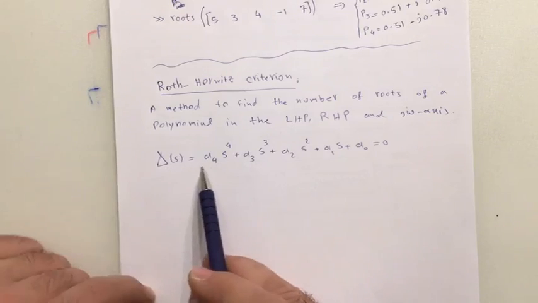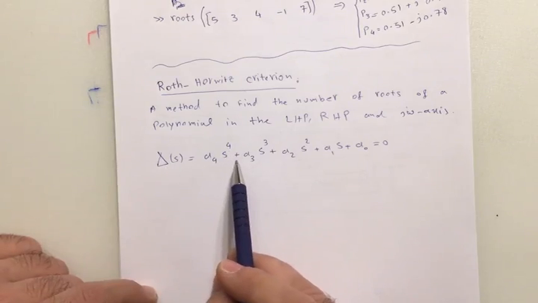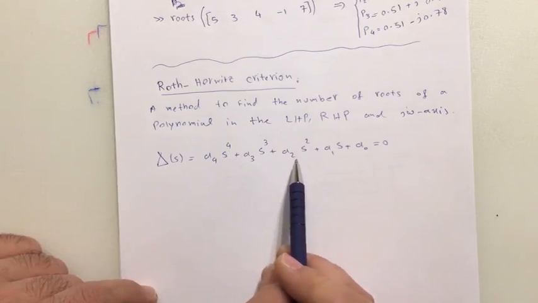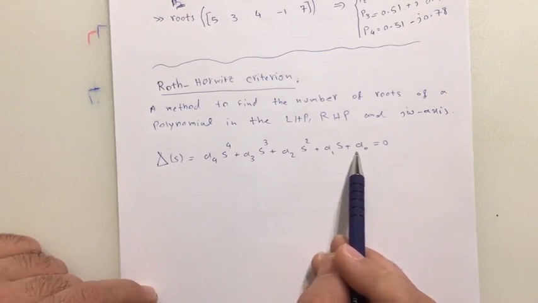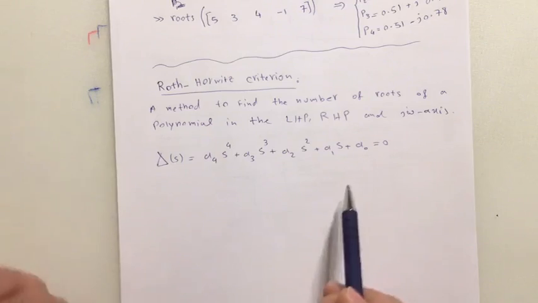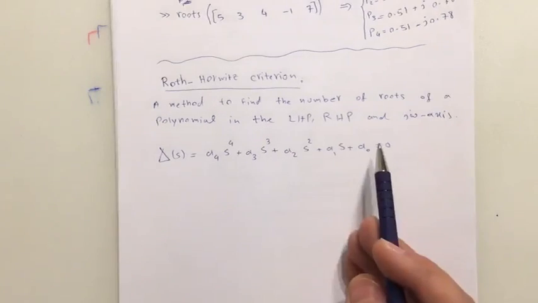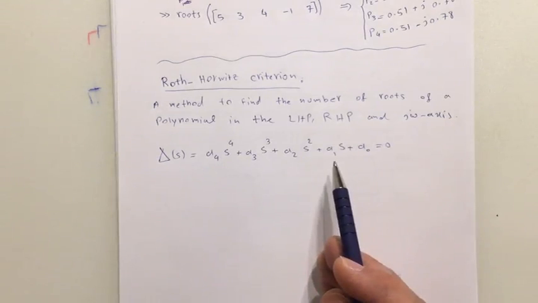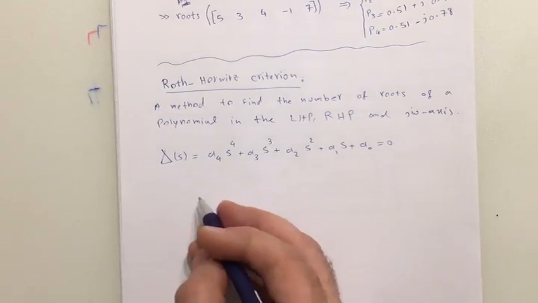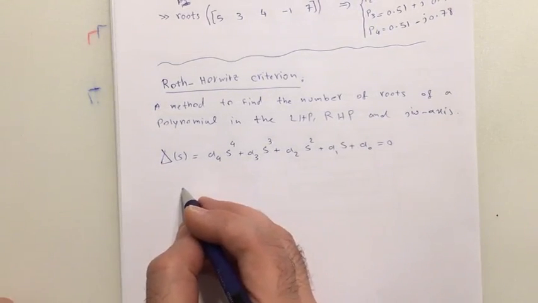We have a4 s to the power 4 plus a3 s cubed plus a2 s squared plus a1 s plus a0 equal to 0. It is a fourth order polynomial that we expect to have 4 roots.